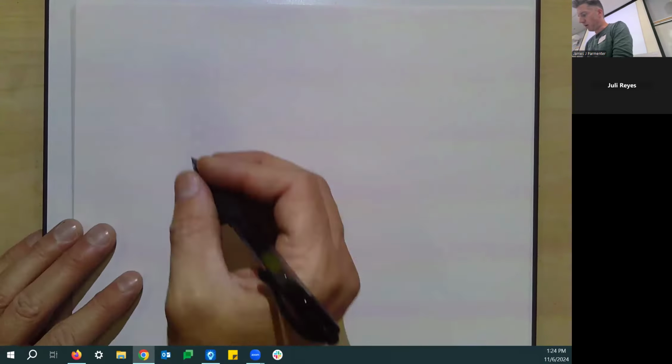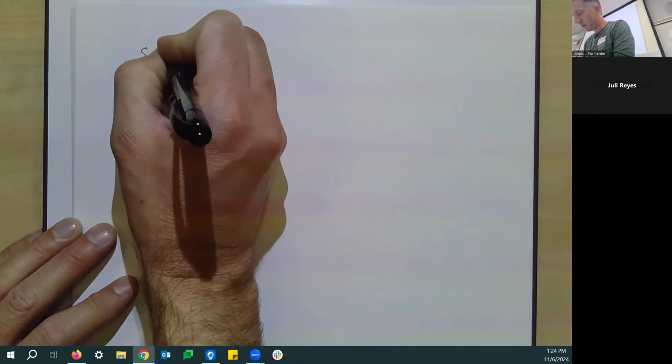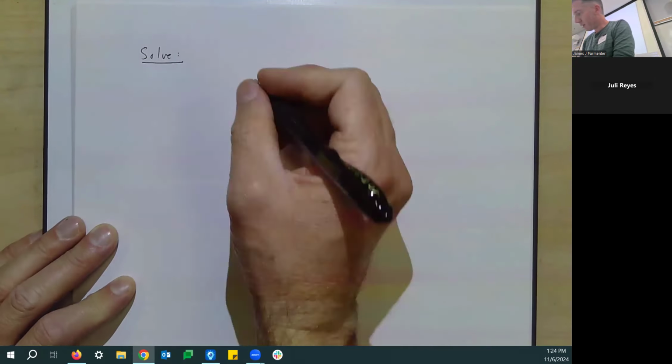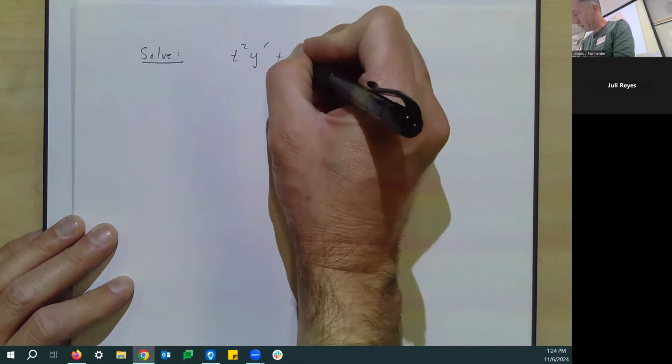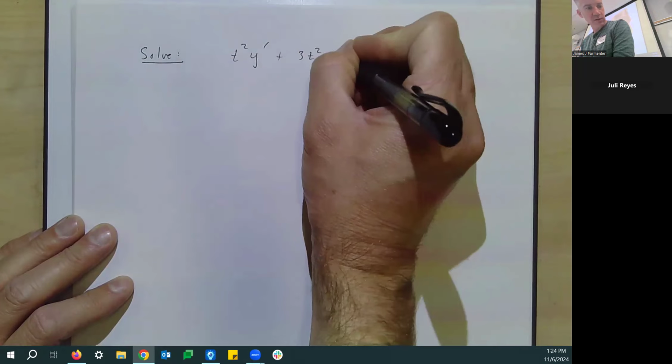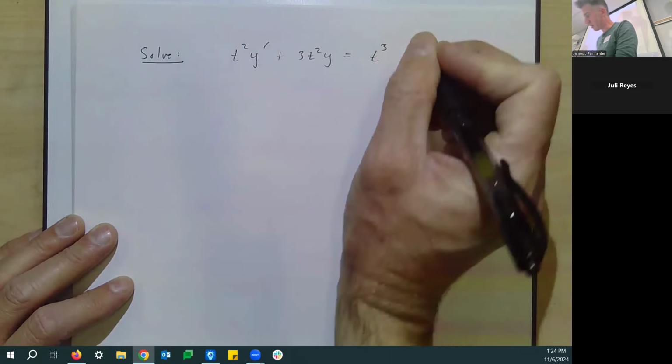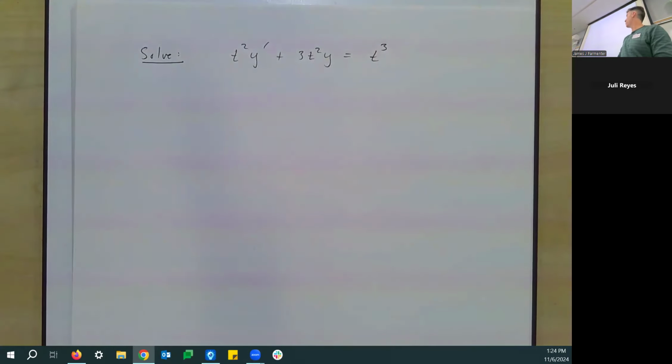So let's say we wanted to solve the following. t squared y prime plus 3t squared y equals t cubed, which is definitely looking like a first order linear, except I have a t squared, but I don't want it.